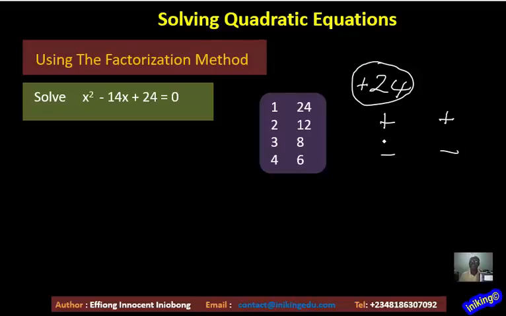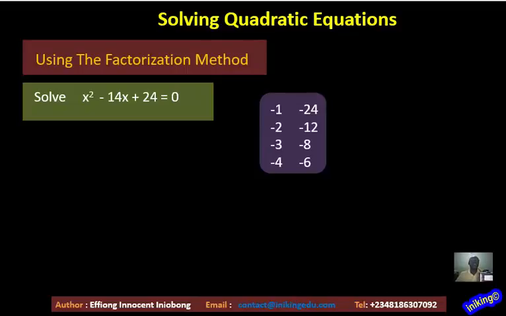But what sign do I use? I look at the next number, minus 14x. If I combine the two numbers, I'm going to get a negative number. So I'm going to use minus, minus. I assign a minus sign to the 1 and a minus sign to the 24, and likewise for the other pairs.